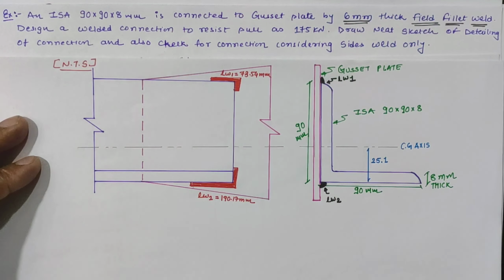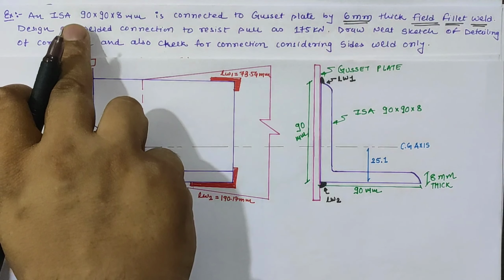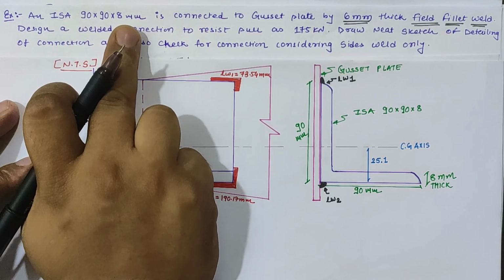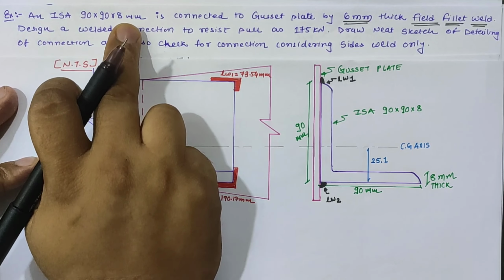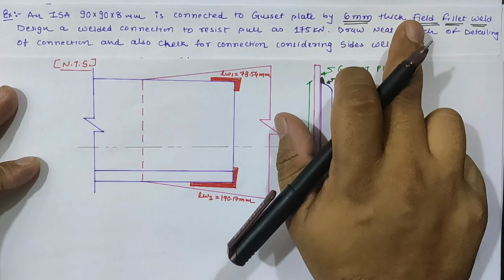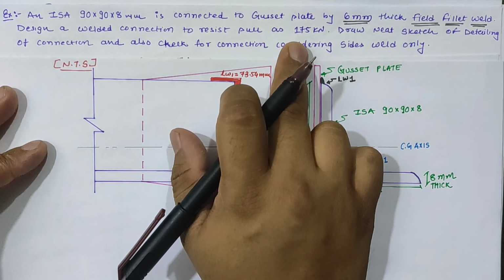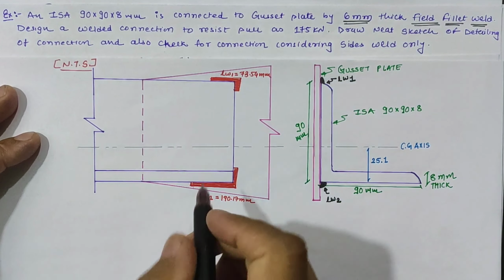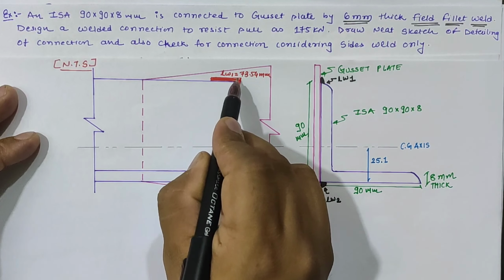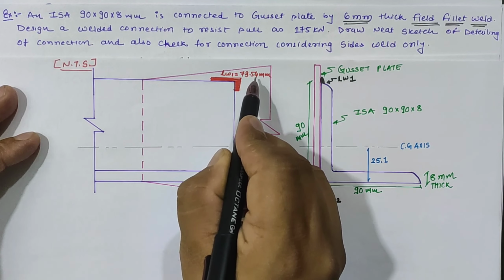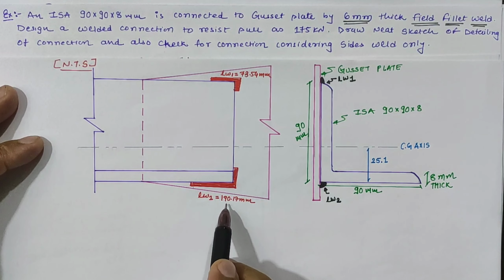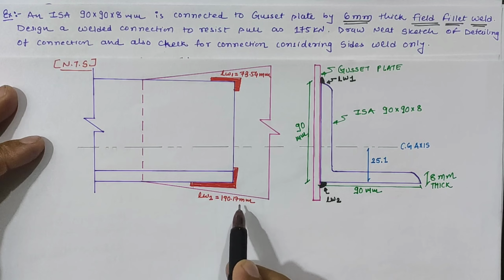It means that for Indian Standard 800:1998, as an equal angle section, which is connected by 6 mm thick fillet weld to resist the 175 kilonewton design load, we require the top length of weld as 73.54 mm and bottom length of weld as 190.17 mm.